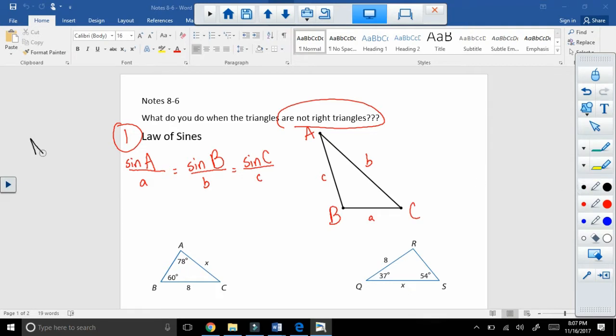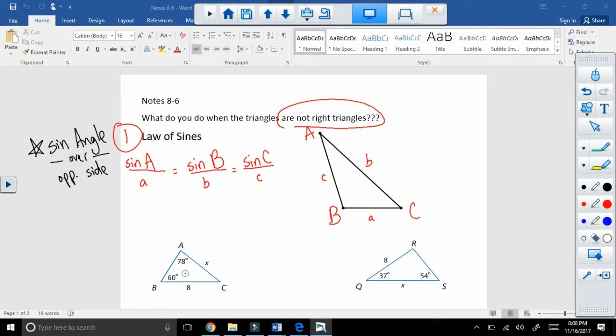So to summarize, you put the sine of the angle over, if you want to draw a fraction bar or something, the opposite side. And you won't have to do this with three of them, you'll only have to do two at a time, but I thought I'd go ahead and just draw that out with all of this for you.